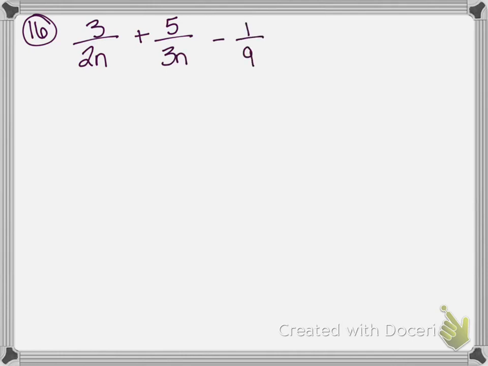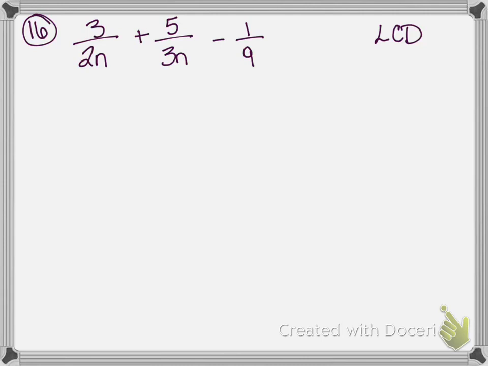Okay, number 16. It is addition. So we've got 3 over 2n plus 5 over 3n minus 1 over 9. Okay? So we have to determine what our LCD is.